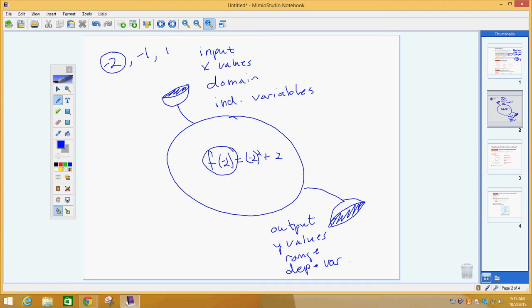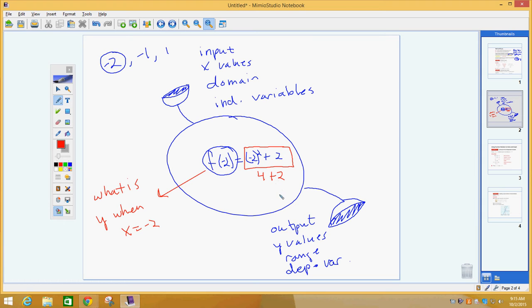What this really is saying here, this f of -2, is what is y when x equals -2? That's all that's saying. Once I plug it in there, I'm only concerned with the part on the right. So -2 squared is 4.